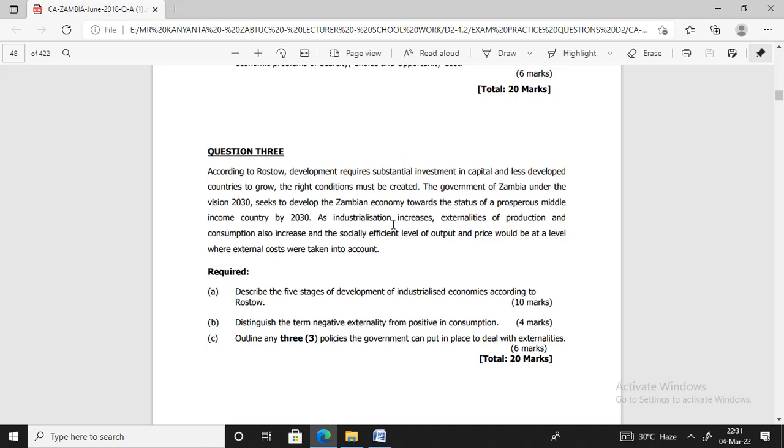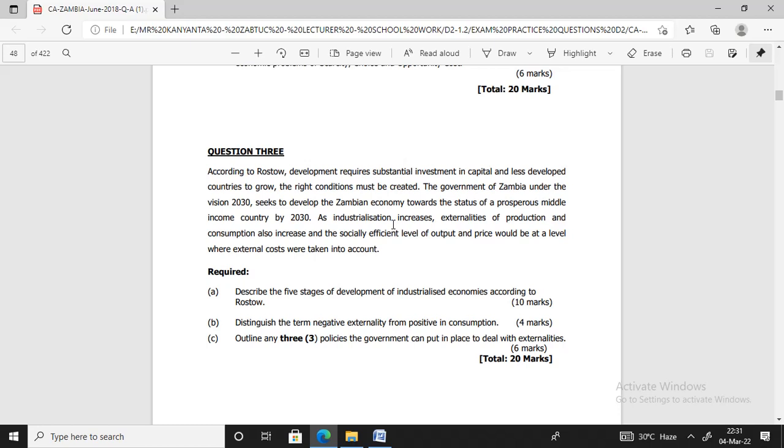When you charge a tax, you are making the cost of production for them go higher. Probably that will force them to reduce the levels of production, and that will reduce the levels of emission or pollutants that they release. So one way is to charge a tax to the polluters. Number 2 is to subsidize methods of production that minimize pollution.